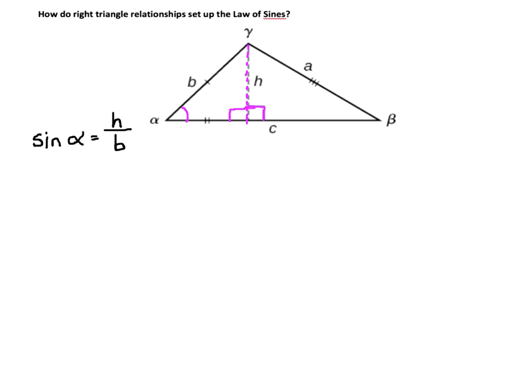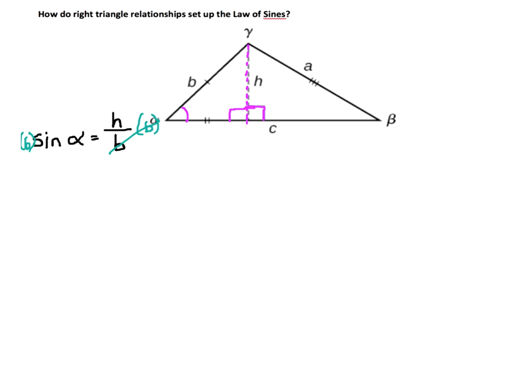And if I solve for the height in this equation, I can get an expression for it. So I'm going to multiply both sides by B to get that out of the denominator.